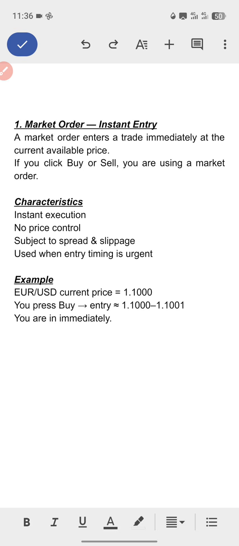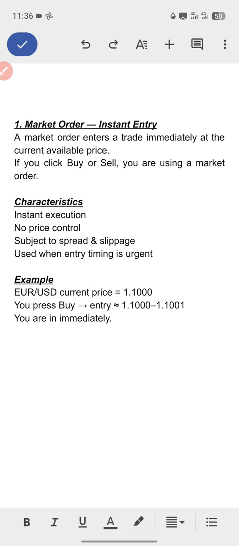Market order. A market order is an instant entry. A market order enters a trade immediately at the current available price. If you are clicking buy or sell, you are using a market order. The moment you click buy or sell on the trading platform, your brokerage, or your third-party trade placing app or software, you are entering the market, executing a trade instantly.